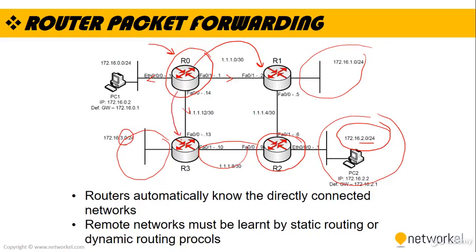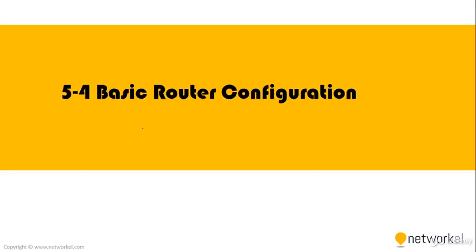I can manually configure this, or I can use a dynamic routing protocol saying that if you want to go here, use the EIGRP protocol. If you want to go here, use the OSPF protocol or something like that. I'm gonna show you in much more depth in our later sections.